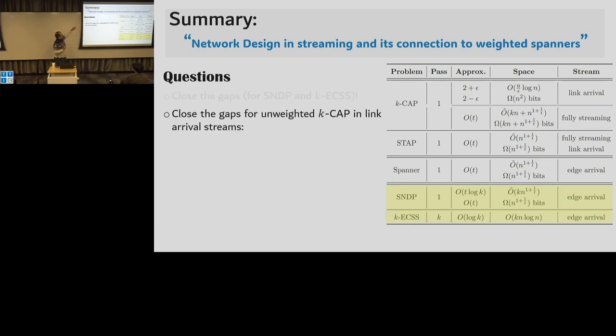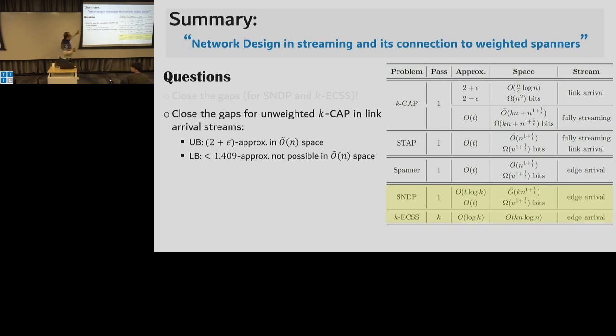Another interesting question is to look at the result for unweighted k-CAP. What I described was for the weighted CAP. For the weighted CAP, these bounds are tight, but for unweighted, the problem is a bit different. From the upper bound, 2 plus epsilon approximation is the best we know. But for the lower bound, we only know that we cannot do better than roughly 1.4 approximation.